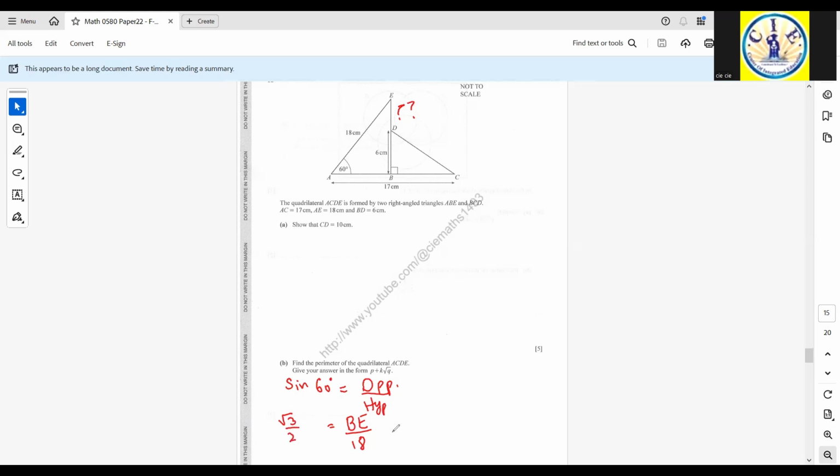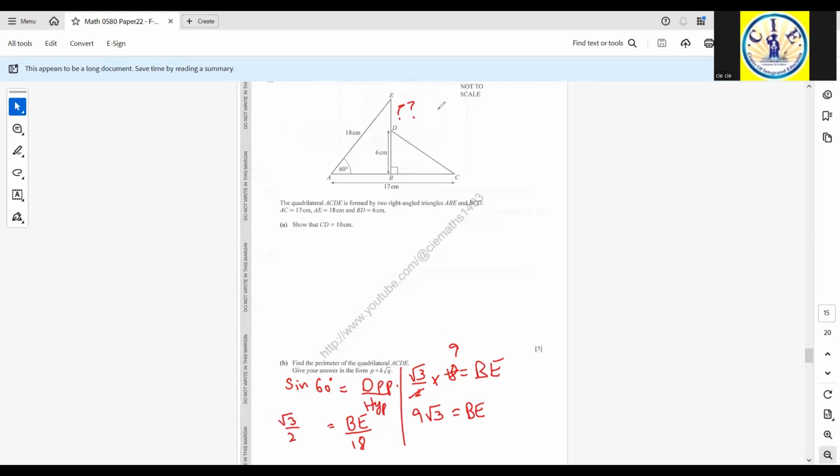And then simplifying it, I get square root of 3 by 2 times 18 is equal to the side BE, 9 times radical 3, the side BE.